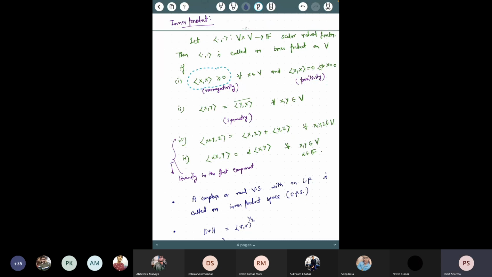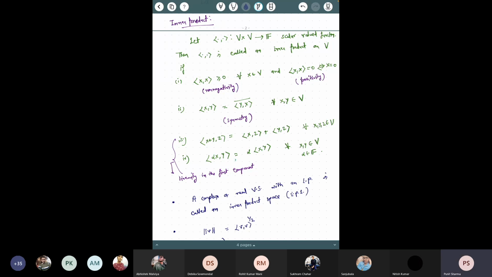For this you need an ordered field. So x dot x should be a real number, then only you can say whether it's greater than 0 or less than 0. For complex numbers, we cannot talk about this order, right? So this quantity should be real, the only thing. Otherwise here I did not mention anything.